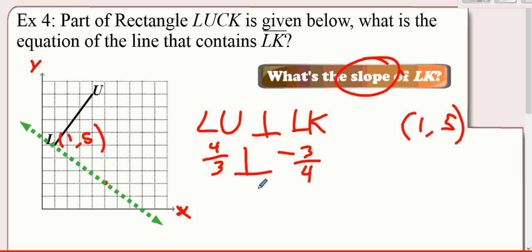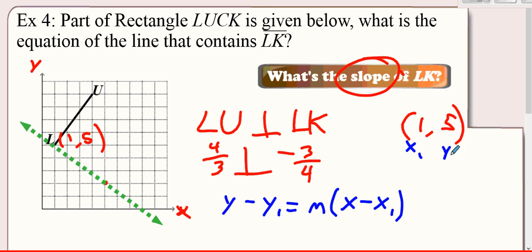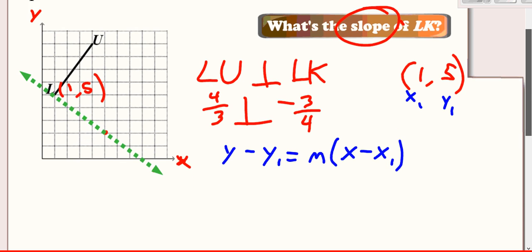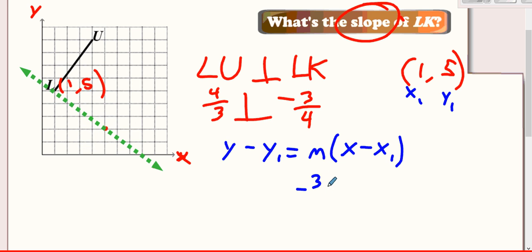So we know a point, we know the slope, we use point slope form. This is X1 and Y1. That's the point it needs to pass through. And we know the slope, so we're just going to fill everything in. The slope needs to be negative 3/4.